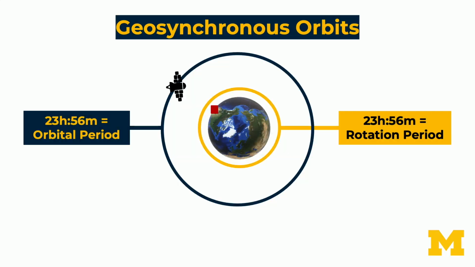Let's move outwards a little bit and let's talk about geosynchronous orbits. Geosynchronous orbits are very interesting because the satellite is pretty far away from the Earth, so the orbital period is quite long. Instead of at low Earth orbit, where these orbital periods are only like 90 minutes, at geosynchronous orbits the orbital period is almost exactly 1 day.